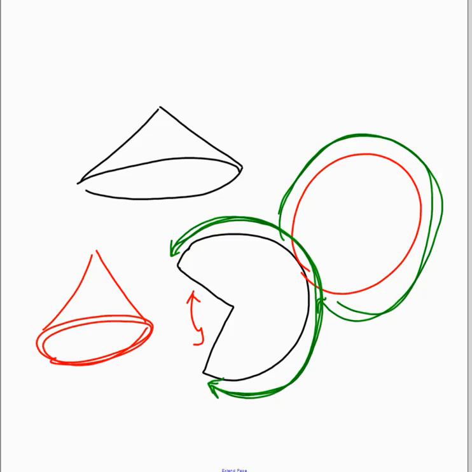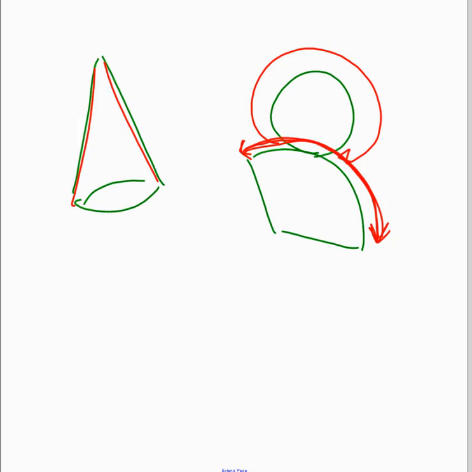So if I had a cone that was more like this, then it might be a piece of a circle that was more like that. And again, I'm going to have that circle, and the circumference around that circle will be the same as the distance around the portion of my circle that forms the lateral surface of the cone.